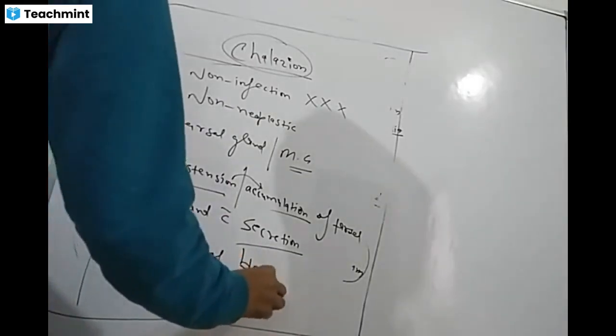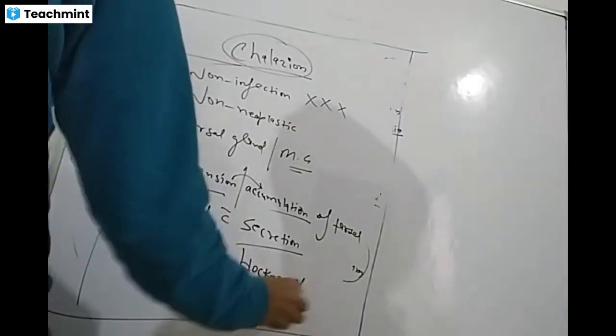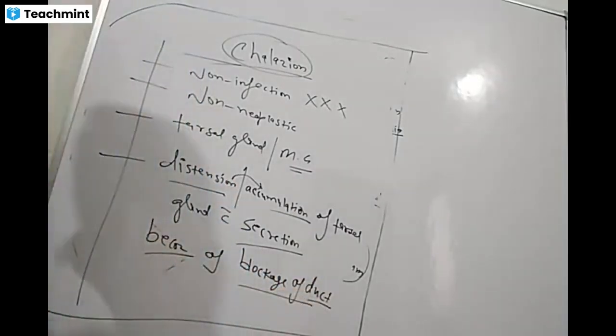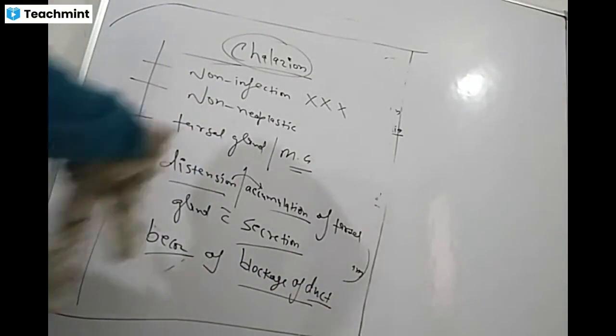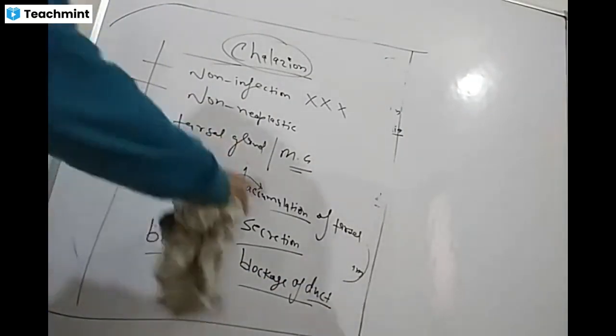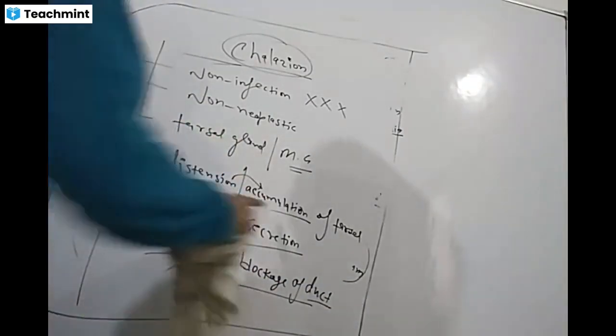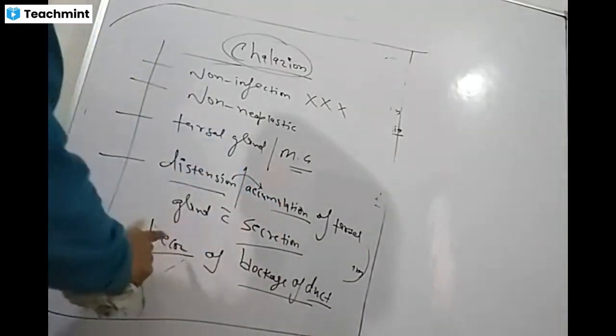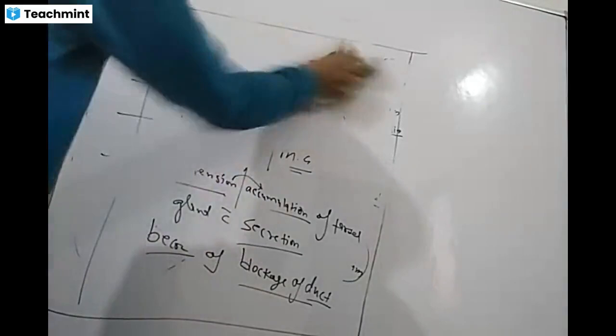Because of blockage of the duct. So chalazion is non-infectious, non-neoplastic, related with the tarsal gland. It is a swelling, a distension, an accumulation of the secretion. Why accumulation? Because of blockade of this duct.